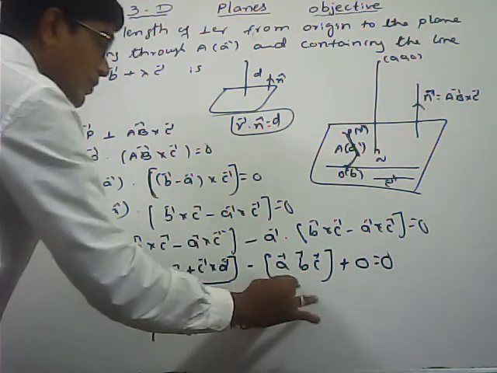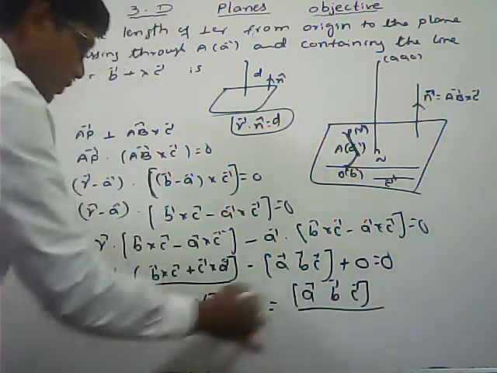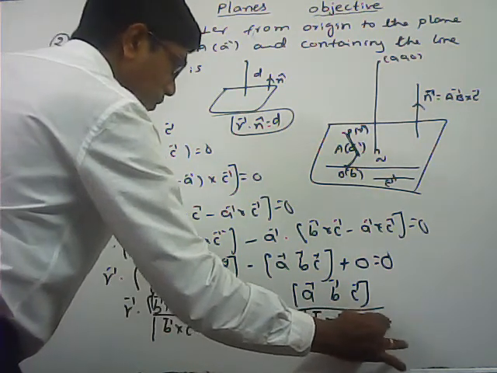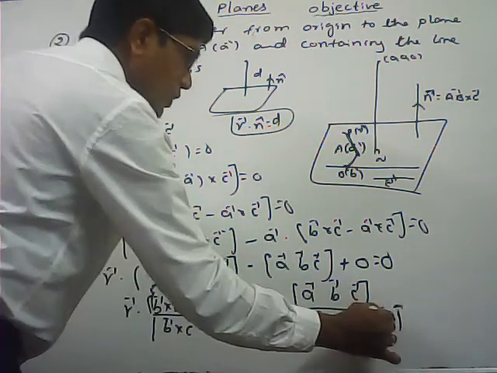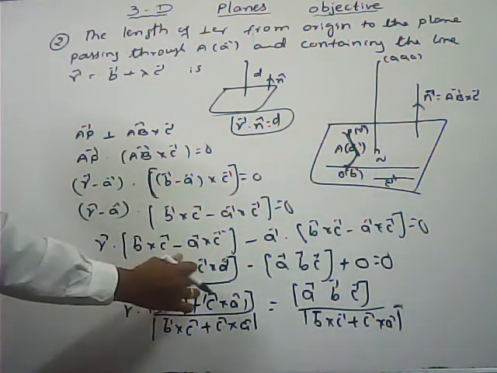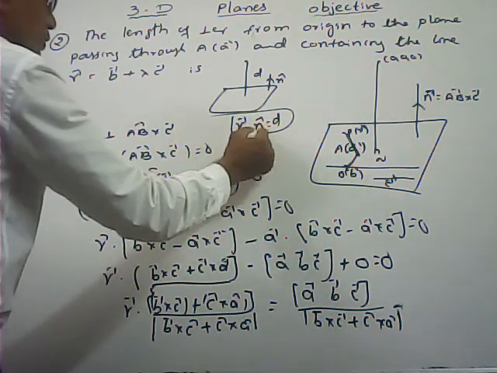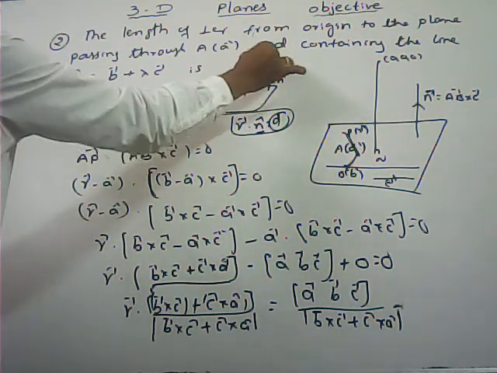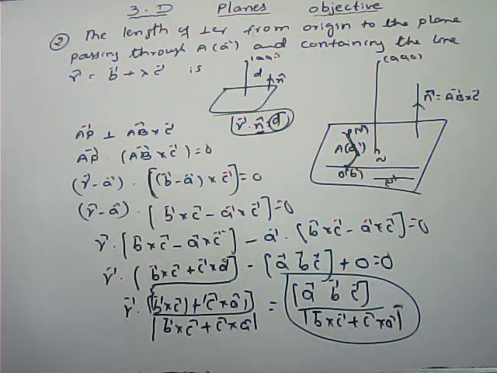Now R bar dot n cap, unit vector, is equal to D. If it is the unit vector, then only this is the perpendicular distance from origin to that plane. So the perpendicular distance from origin to the plane is box ABC by modulus of B bar cross C bar plus C bar cross A bar.